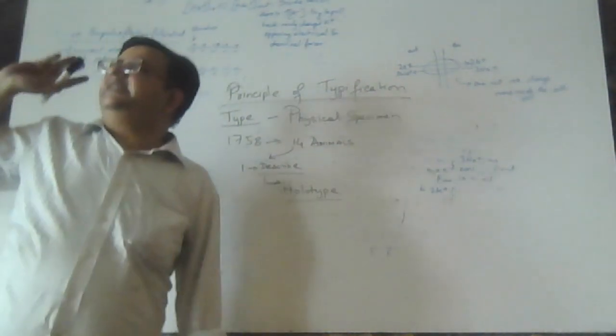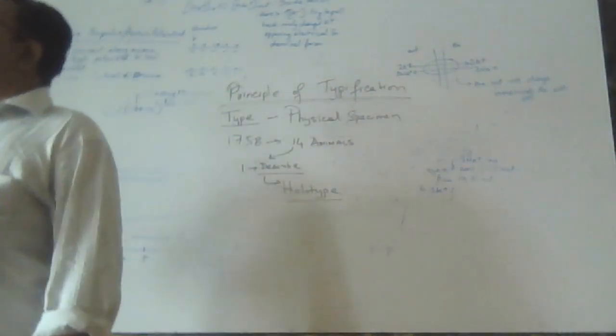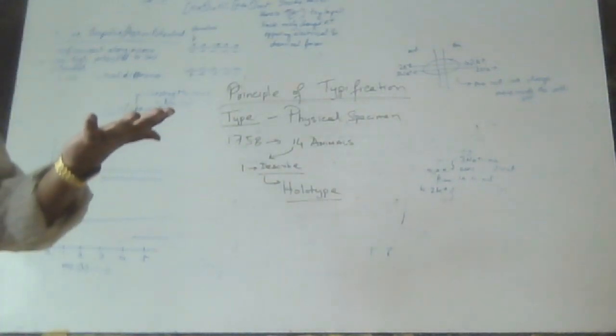The holotype is that one specimen on the basis of which the description was given. It can be a picture, a stuffed specimen, a pressed specimen in a herbarium, or even a writing in a book. On that basis, it was described.